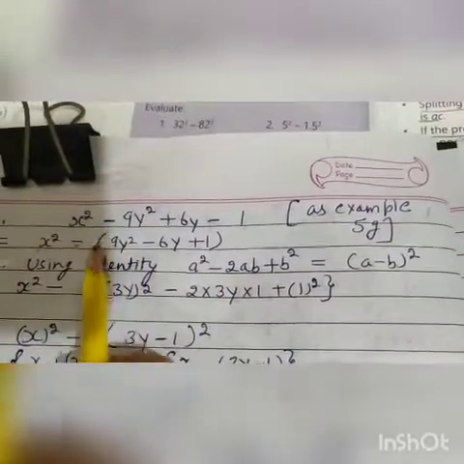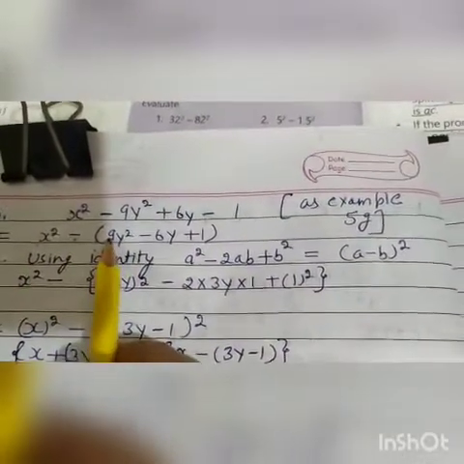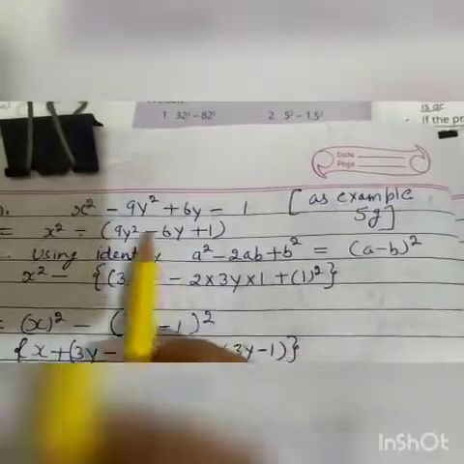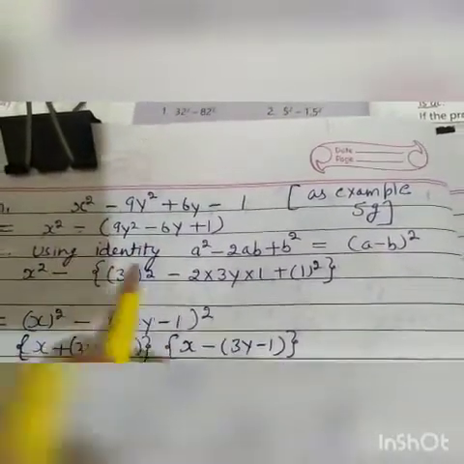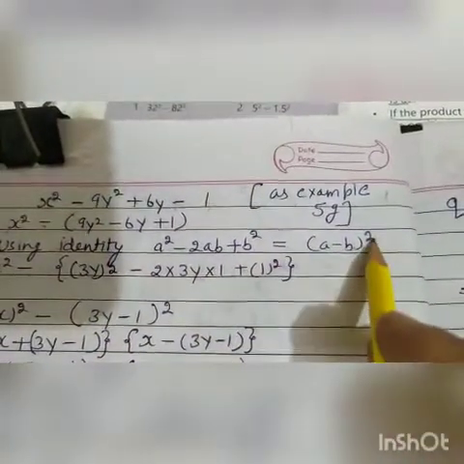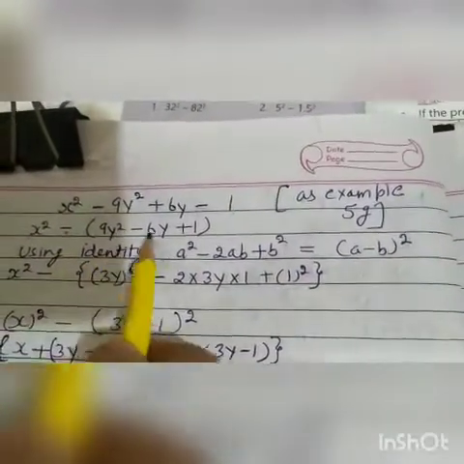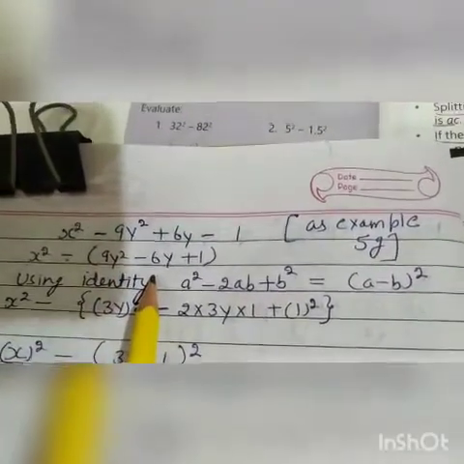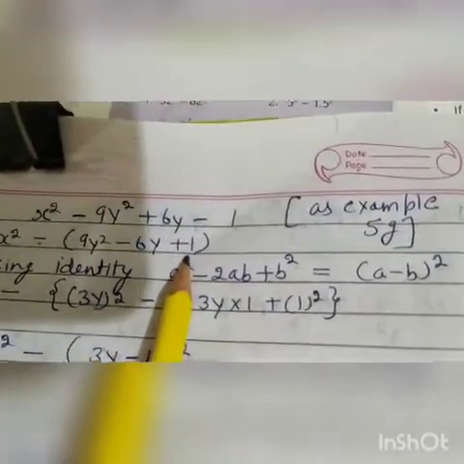As you know, if there is a minus sign, all the signs within the bracket will change. Now we will use the identity a square minus 2ab plus b square is equal to a minus b whole square to factorize this one, 9y square minus 6y plus 1, as we did in question parts a, b, c.